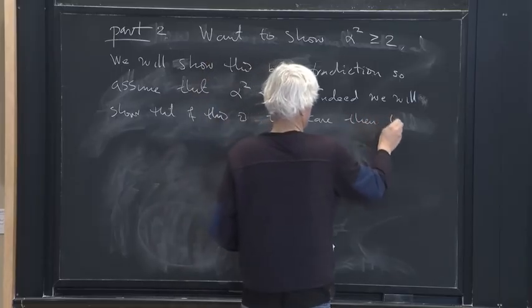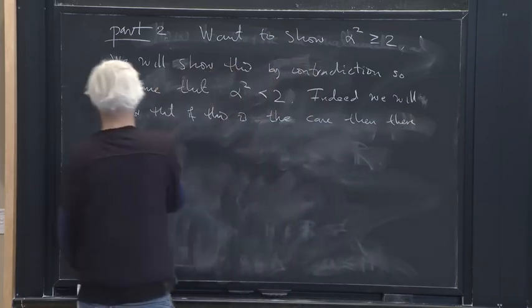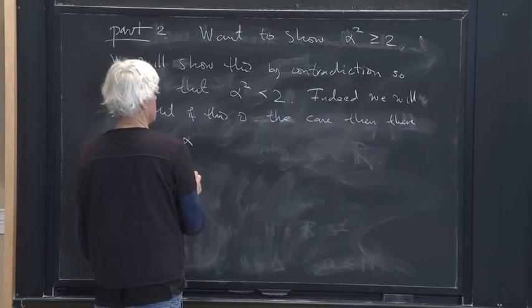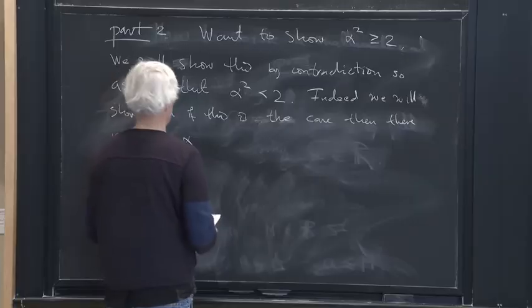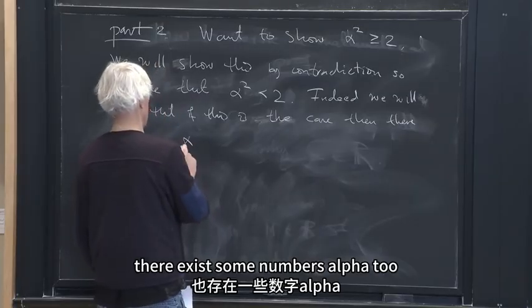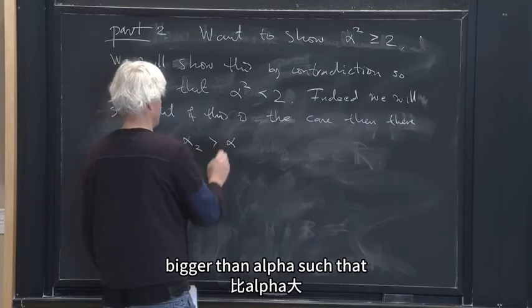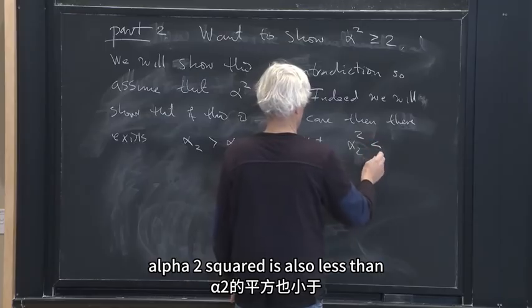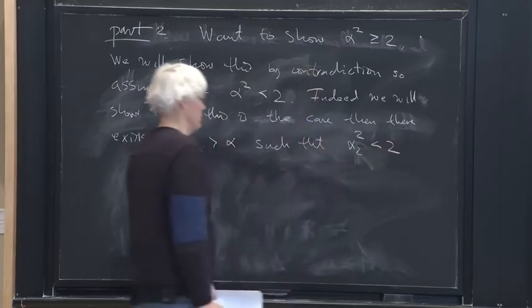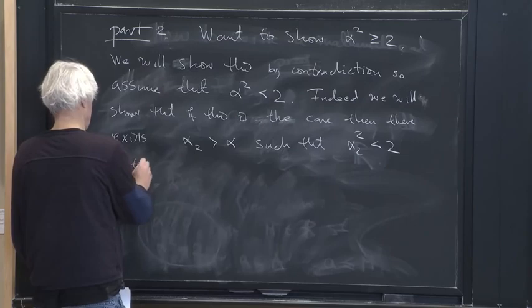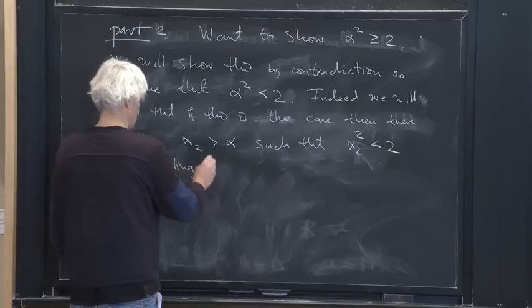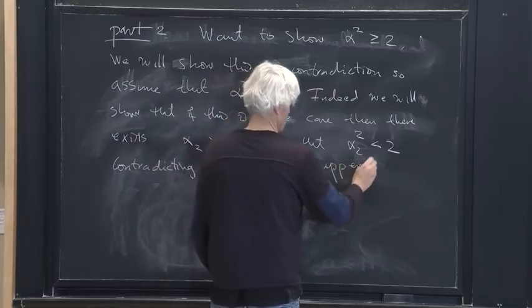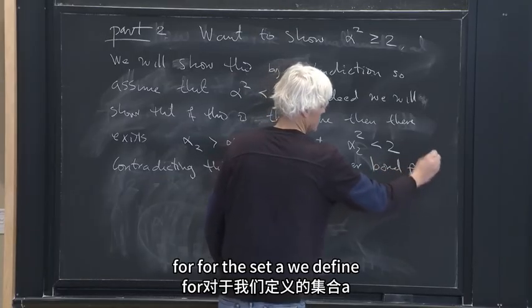then there exists some number alpha 2 bigger than alpha such that alpha 2 squared is also less than 2, contradicting that alpha is an upper bound for the set A we defined.